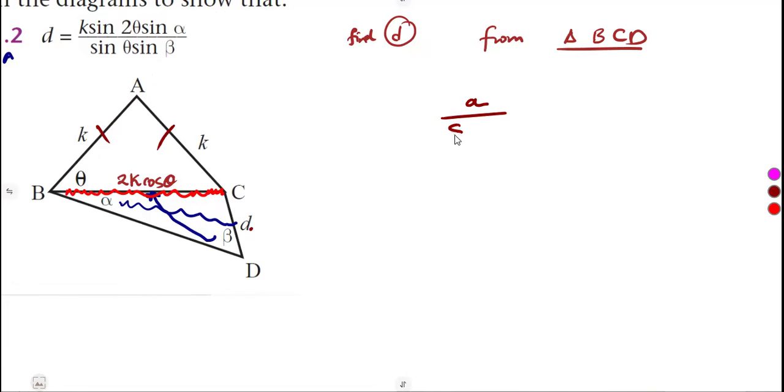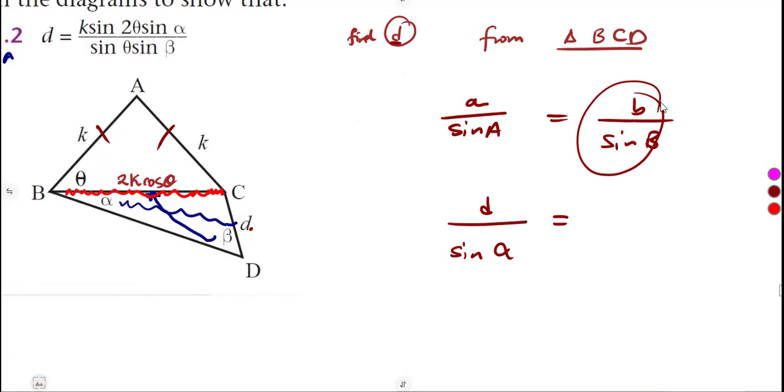That's A over the sine of A is equal to B over the sine of B. So the side to be calculated, which is D, over the sine of the corresponding angle. So that's D over sine of alpha, equal to B over sine B. What is complete from what we have from the diagram?